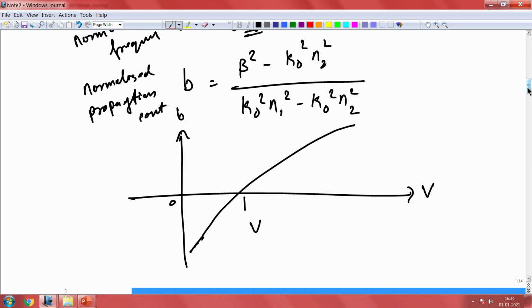And the other thing here is, for any symmetric waveguide, where we have N1 N2, in this case you have everything covered with a similar refractive index, completely filled with N2, and it is symmetric in nature.